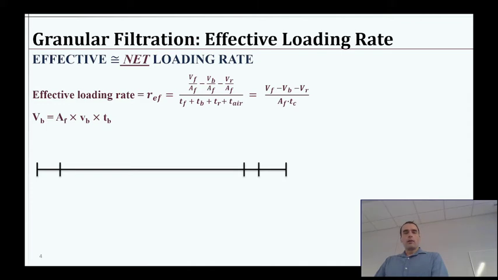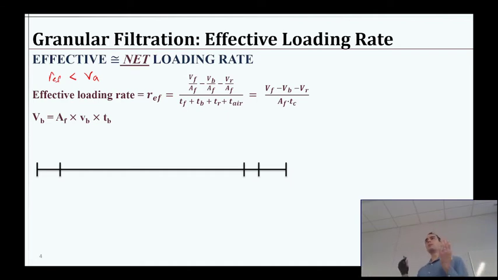So the net loading rate then, the book has lowercase r subscript EF, so the effective rate at which the water is loading. So REF is always going to be less than the loading rate we apply to the filter, but hopefully not by too much, right?